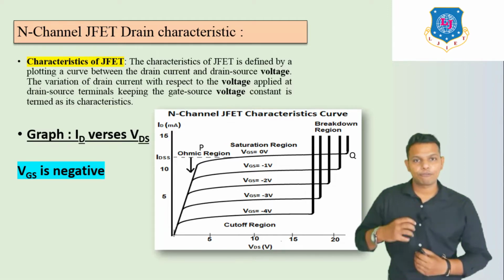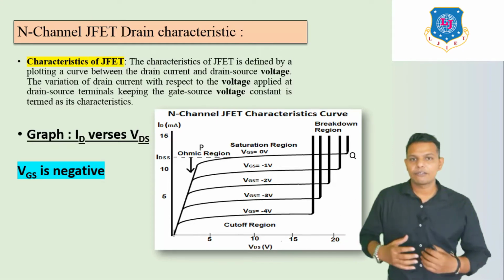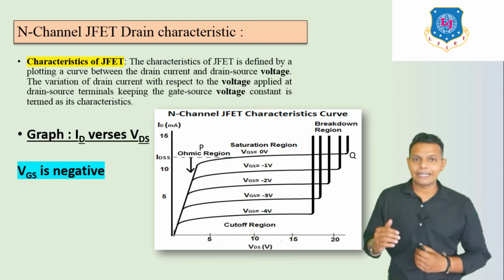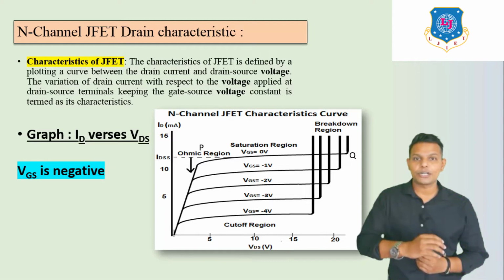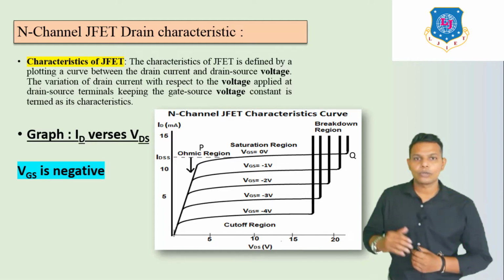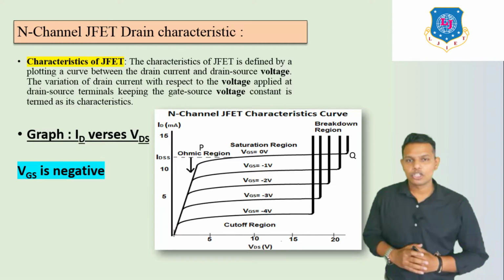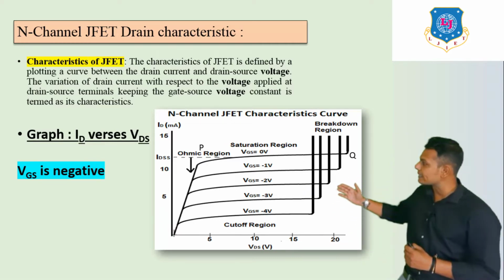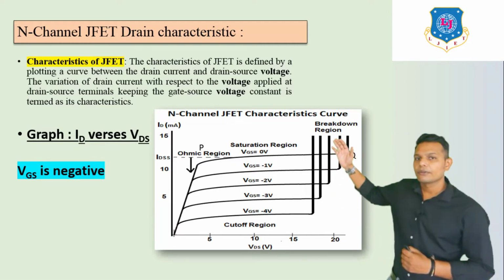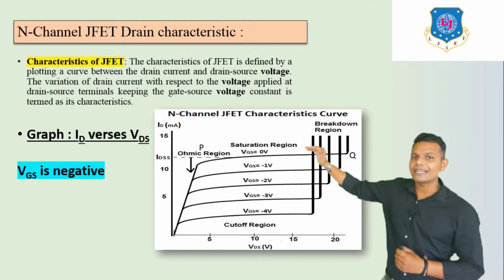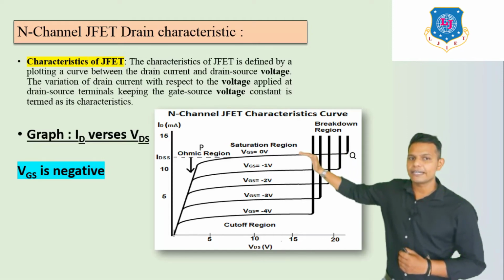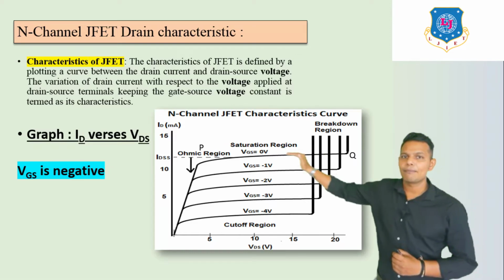That's why the flow of drain current is maximum. That means ID is equal to IDSS, the drain to source saturation current. So it is at peak level. In this characteristics at VGS equal to 0, ID is maximum.